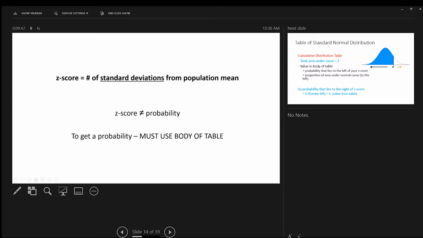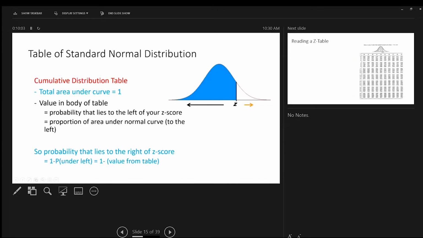To get the probability of finding that value, you have to use the table at the back of your lab manual. It's on page 273. And you'll need to use that for your homework assignments and for the exam.